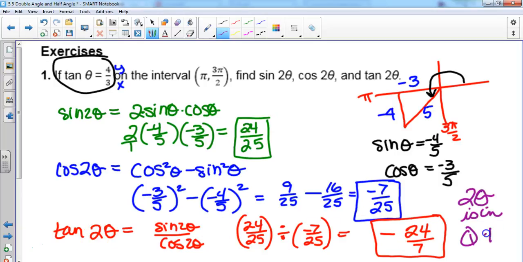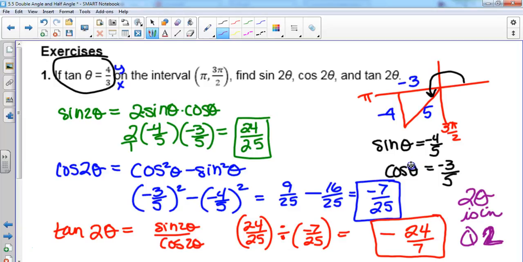Quadrant 2. Does everybody understand what I'm saying? Because the sine of this doubled angle was positive, the cosine was negative, and the tangent was negative. When we doubled the size of that rotation, it wound us up over here somewhere in quadrant 2.